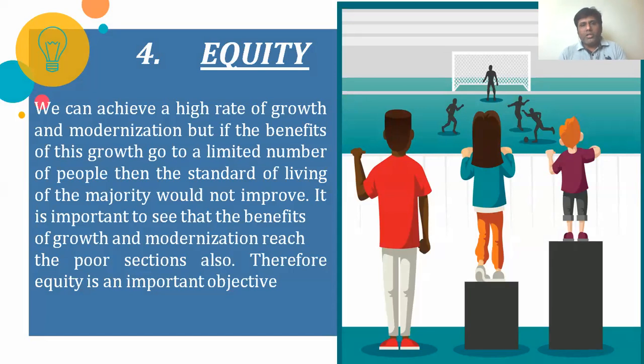It should not be that only the rich take the advantage of economic planning while the poor suffer. Whatever higher growth we achieve in terms of modernization and standard of living should reach the poor person also. That is why equity is so important. So these were the four basic objectives of the Planning Commission: growth, modernization, self-reliance, and equity.